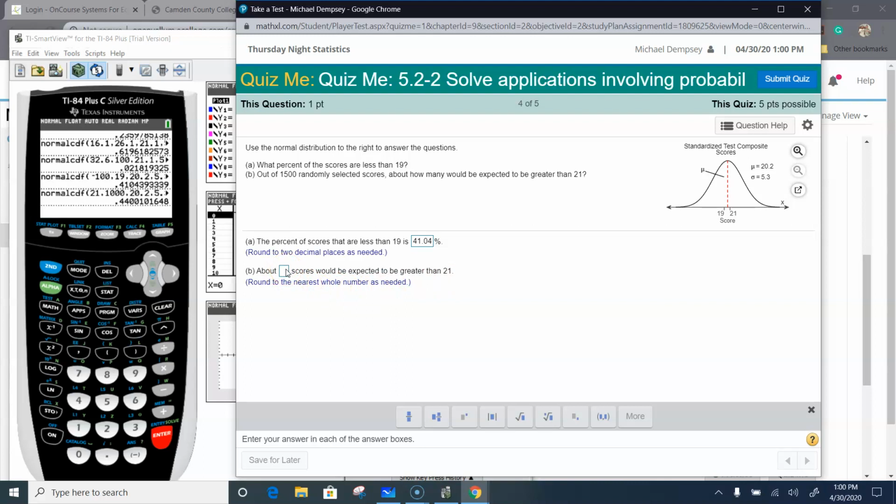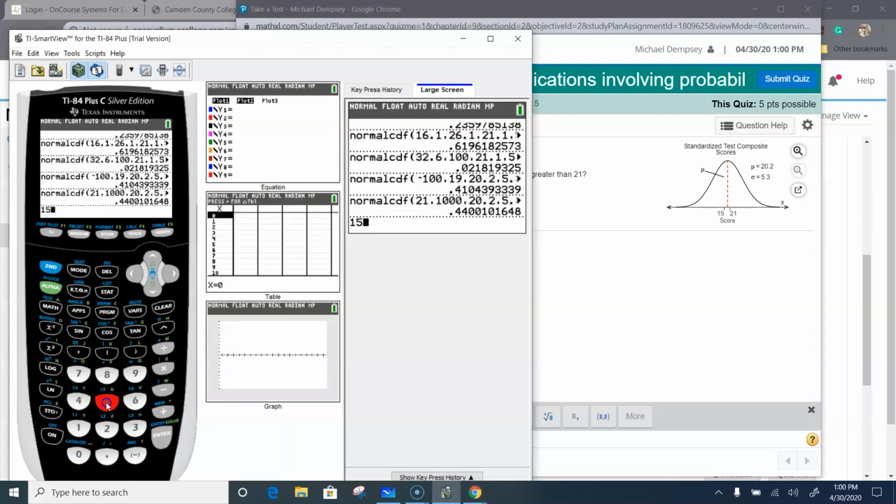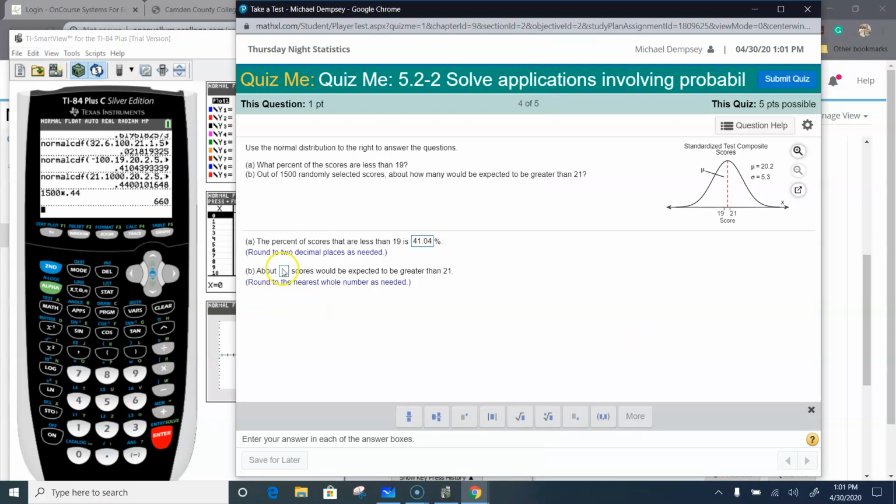Oh, so that's 44% out of 1,500. Tricky. Notice it said how many, not what percentage. So 660 roughly. Take that percentage out of the total.